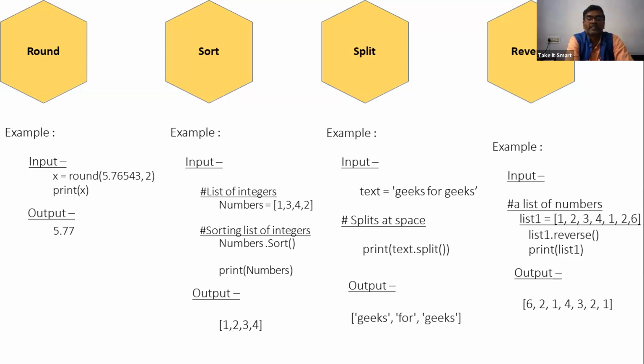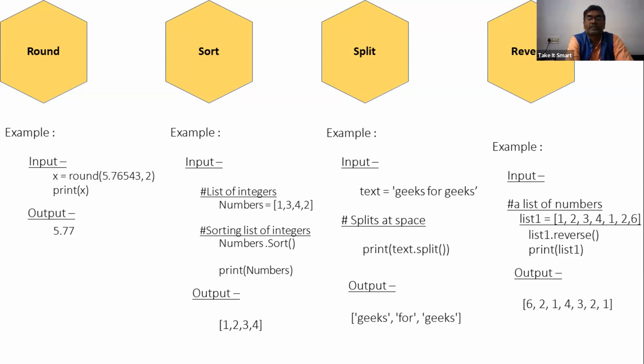So split: text dot split. See the text, geeks for geeks. We are going to split it with text dot split. What is going to happen, guys? All the separate words appear. The complete sentence was put under single inverted quotes, and now all the words got separated.